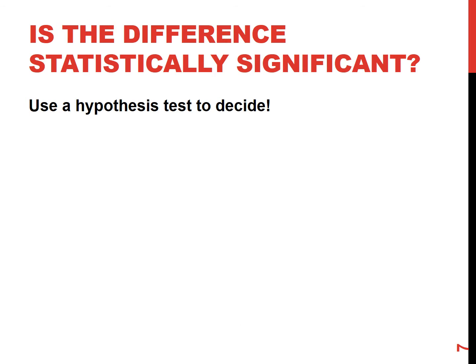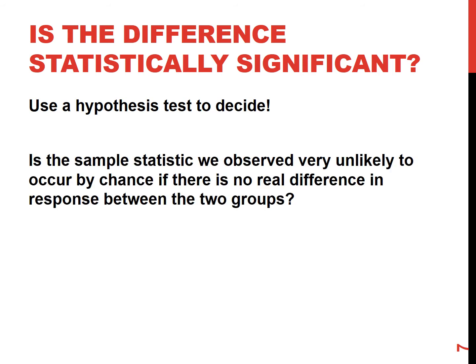Now, to decide if the difference is statistically significant in our hypothesis test, we're going to need to decide if the sample statistic we observed, that difference in means of 0.6 in this case, would be very unlikely to occur by chance if there's no real difference in response between the two groups. Right?